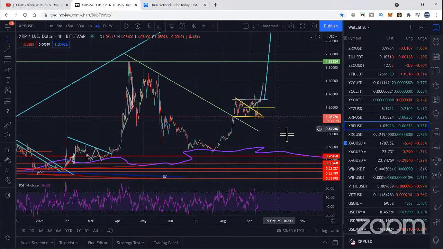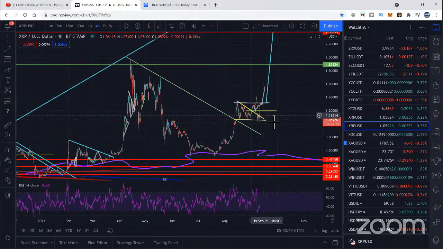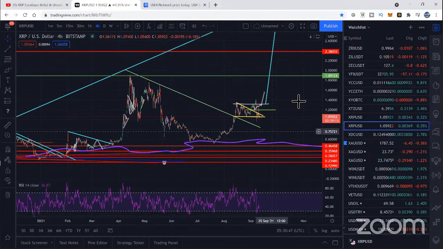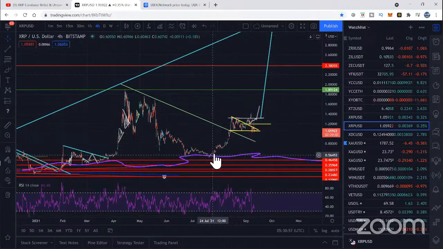Guys, if you don't own XRP and you've wanted to buy some, in my point of view, this is as good as it gets. This is as good as it gets, especially at the point that we're at right now on XRP. I believe that we are about to take off. And if you can get it at $1 right now, that is a steal, man.